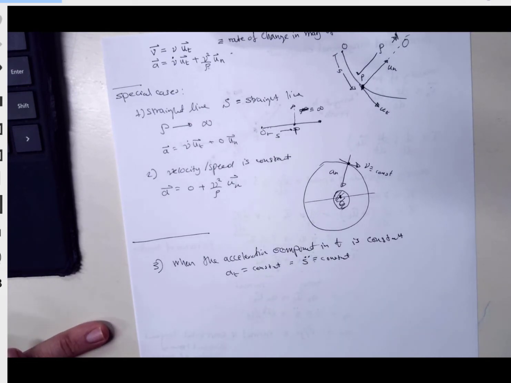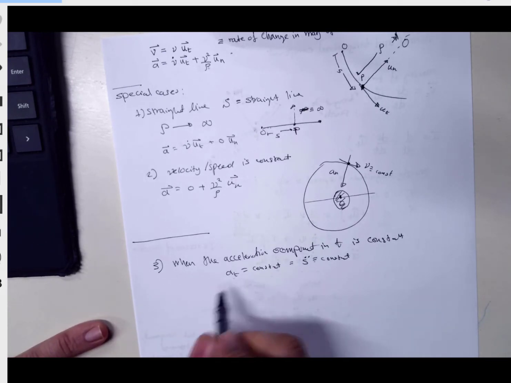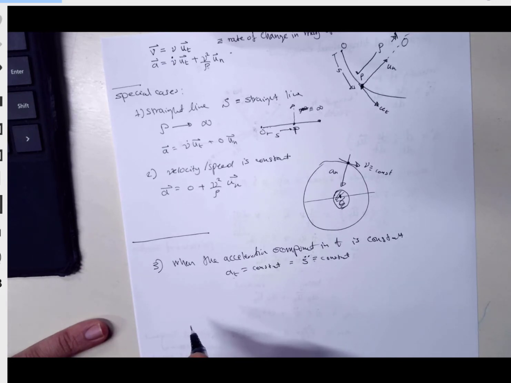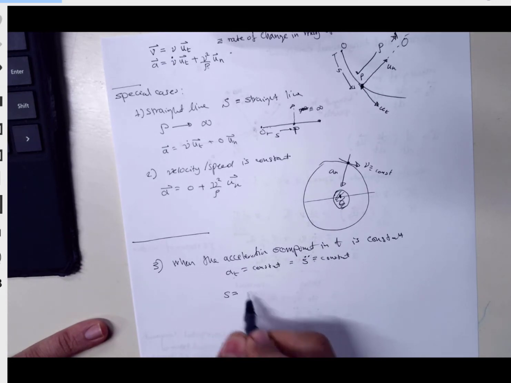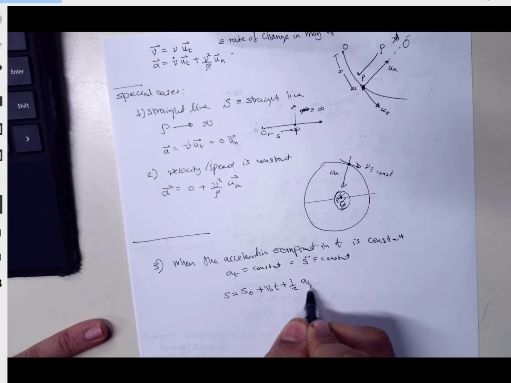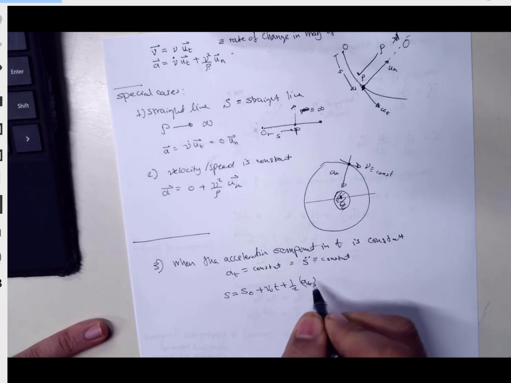So this is similar to projectile motion, except that the acceleration is not negative g, but a magnitude. So let's say that this magnitude is a_t. In this case, you can apply the kinematic equation of motion for a particle undergoing constant acceleration, where s equals s naught plus v naught t plus half a_t, and again this is a constant, t squared.